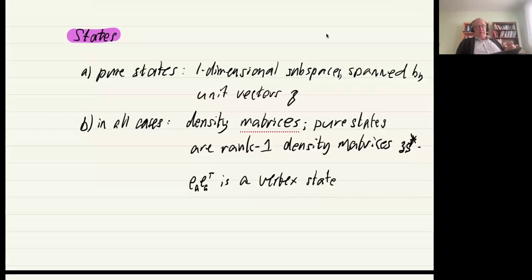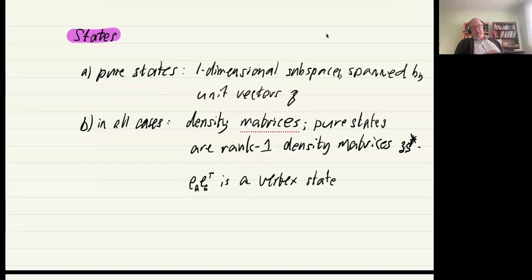Now, I've defined a state to be a density matrix. In this setting, the pure states that the physicists work with are the density matrices with rank 1. And a positive semi-definite matrix with rank 1 can always be written in the form ZZ starred. And if its trace is 1, then Z must be a unit vector.